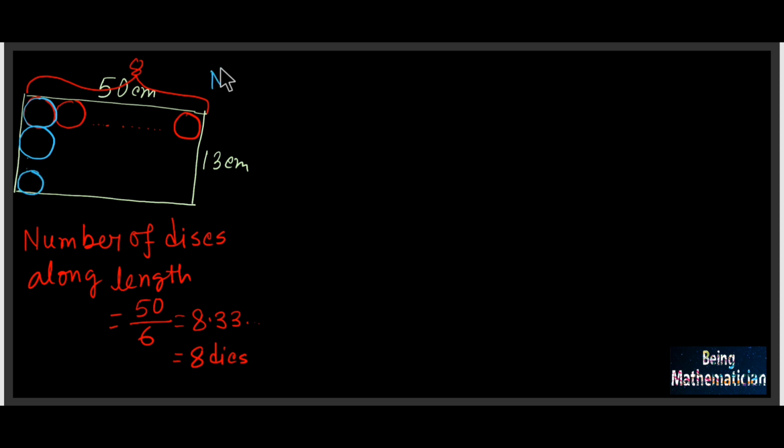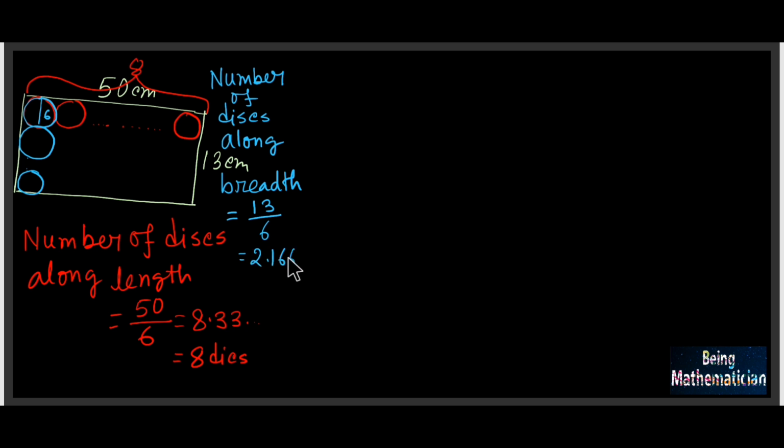So breadth is 13 centimeter and diameter is 6. So 13 by 6 and it is 2.166. So it is clearly 2. So the number of discs along breadth is 2.